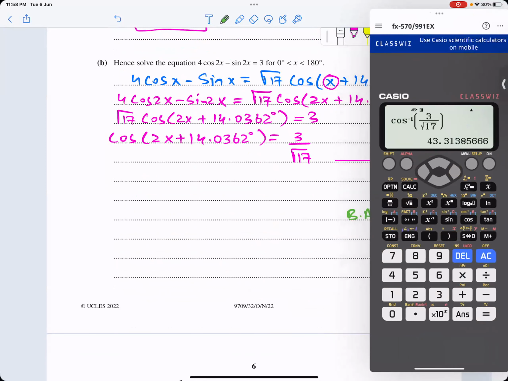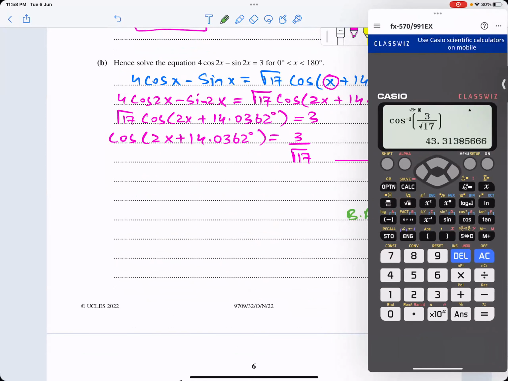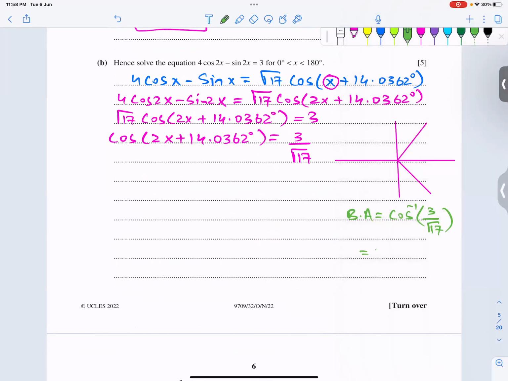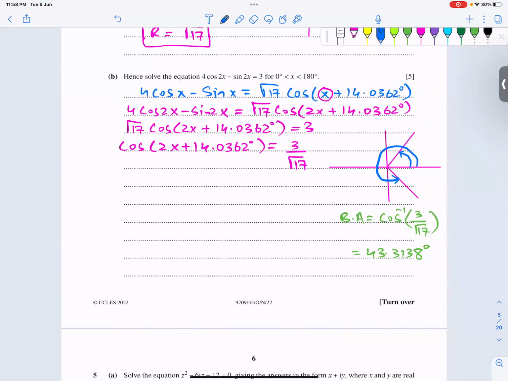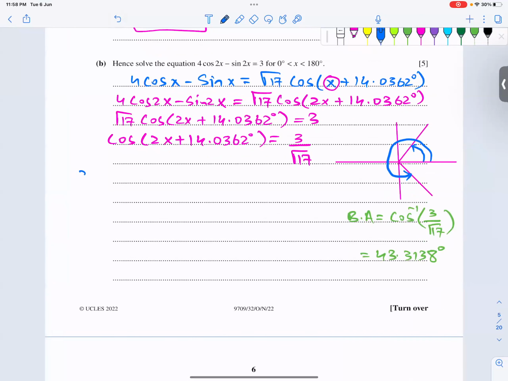This will be 43.3138. This is my basic angle. So now the possible answers can be this one and this one. So the final answer, which can be my angle, which is 2x plus 14.0362 degree, is equal to the basic angle 43.3138 degree. Do not go for the periodic functions.